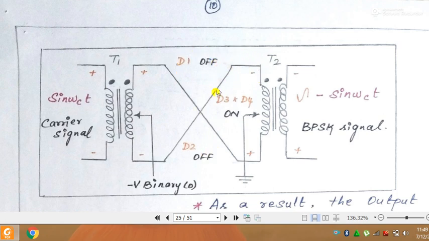So D1, D2 off, no line drawn, no current flows through the circuit, and D3 and D4 on, so they act as a switch. As a result, the output voltage across the transformer is 180 degrees out of phase with respect to the carrier input. Hence, the output BPSK signal is out of phase with the carrier input signal.